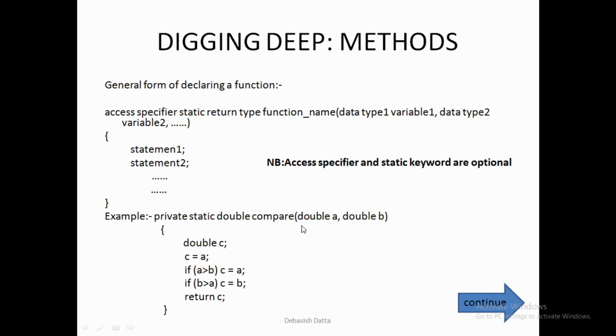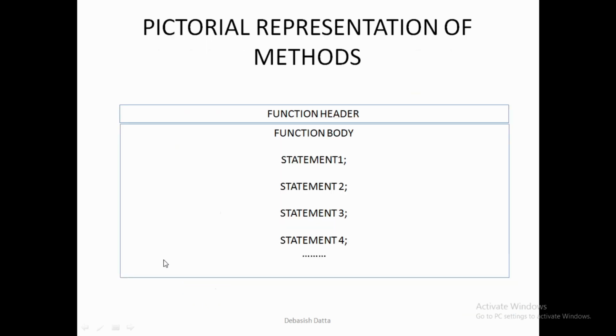This first line of the function is known as the function header, and the rest, which is enclosed within the curly brackets, is known as the body of the function. This is what is pictorially represented here.